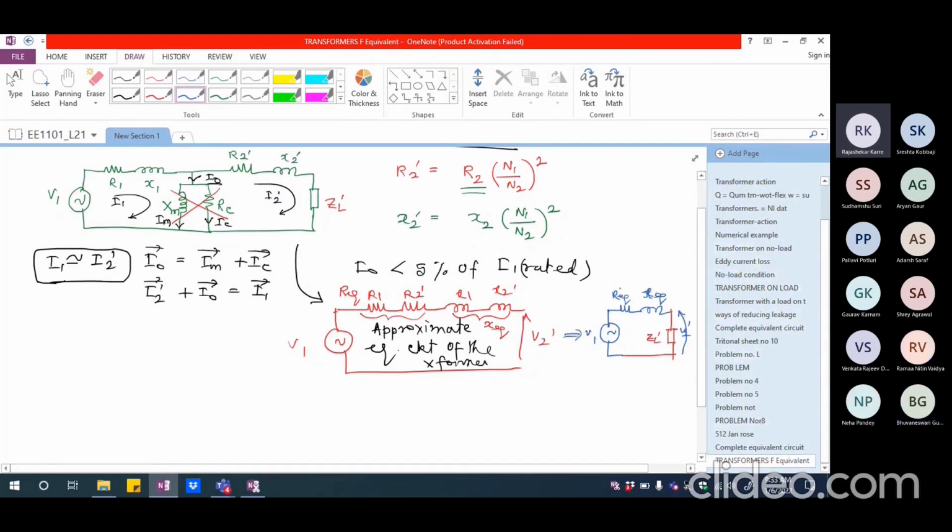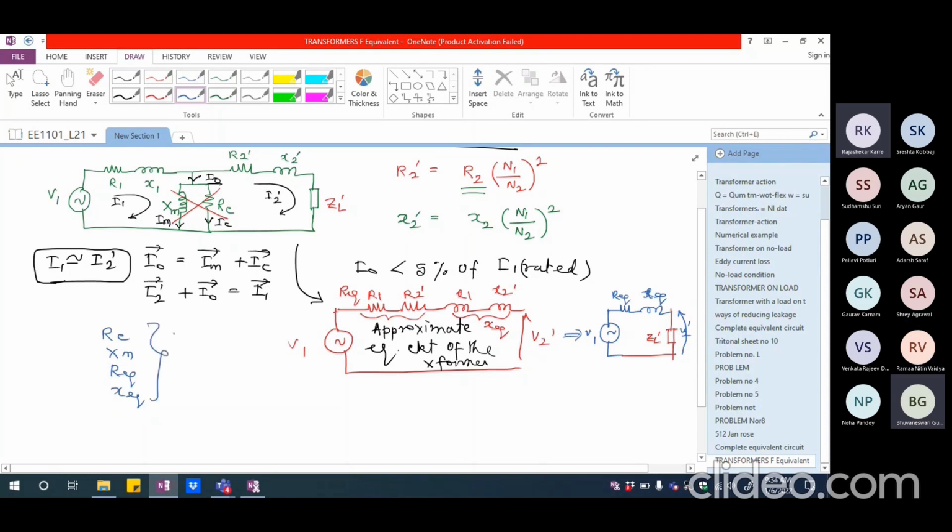So if I really want to know the performance of the transformer completely, I should know the values of RC, XM, R equivalent and X equivalent, because in all probability I may not be able to segregate R1 from R2 dash and X1 from X2 dash. I may get only the total resistance and total leakage reactance.